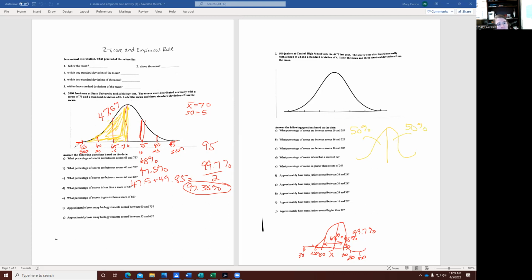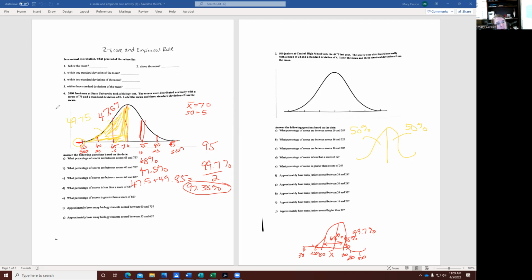We want just this little piece, and we're looking at 3 standard deviations. From here to here is 99.7, so half of that is 49.85.